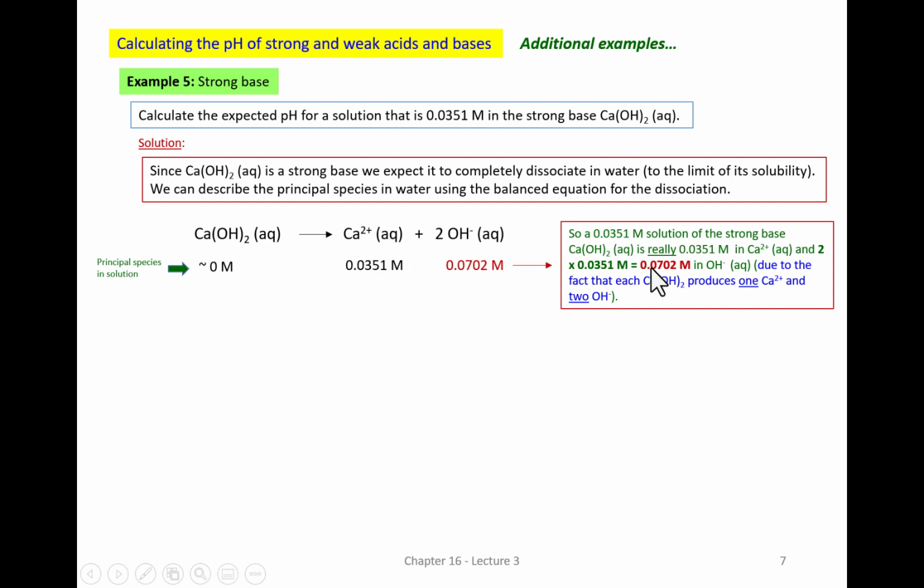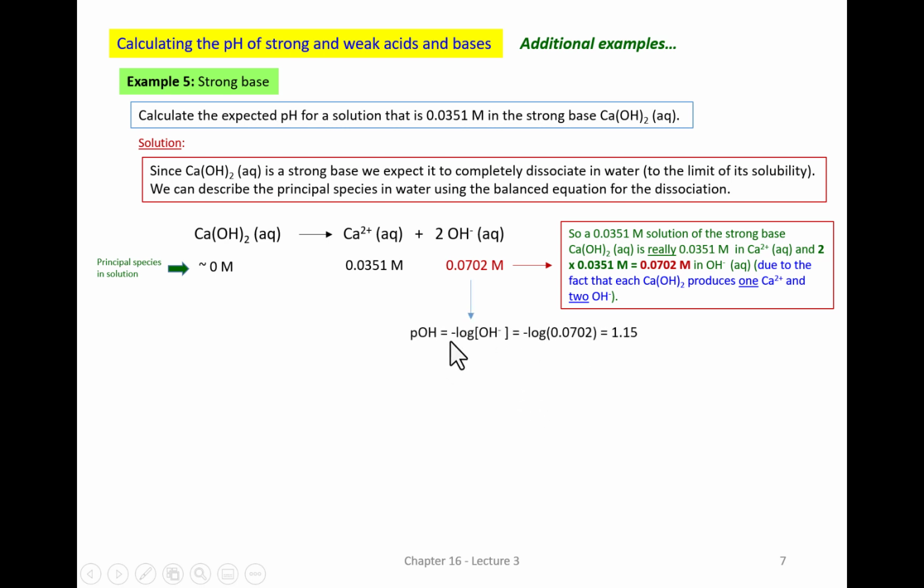And so a 0.0351 molar solution of the strong base calcium hydroxide is really 0.0351 molar calcium ion and 2 times 0.0351 molar, or 0.0702 molar, hydroxide, due to the fact that each calcium hydroxide produces one calcium ion but two hydroxide ions. So we can go ahead and calculate the pH of this solution.